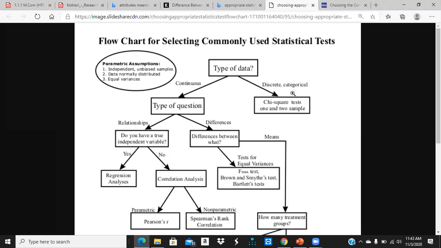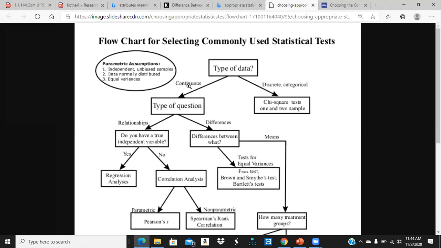For example, if your hypothesis says there is no significant difference between male and female in the scores obtained by the students, there are two variables, male and female, which are totally independent but categorical data, and I want to know whether there is significant difference or association, then I have to use the chi-square test.